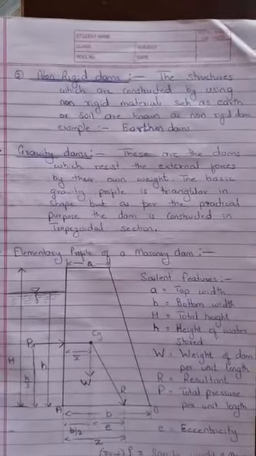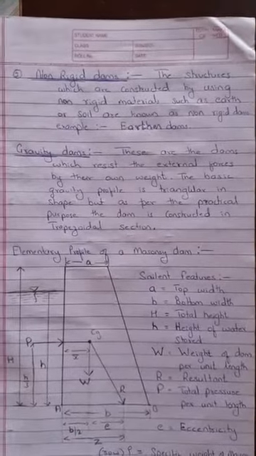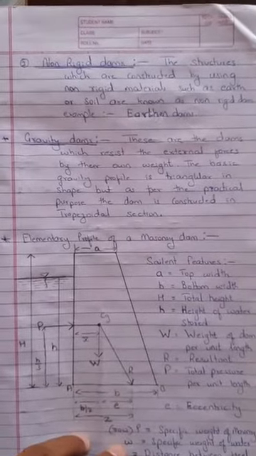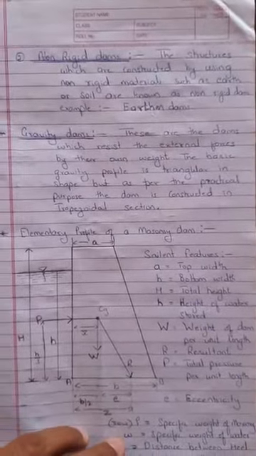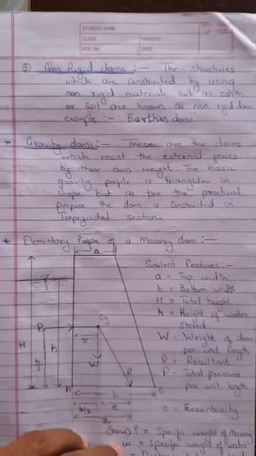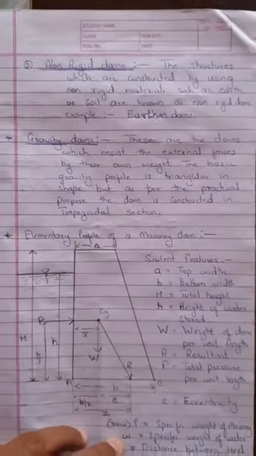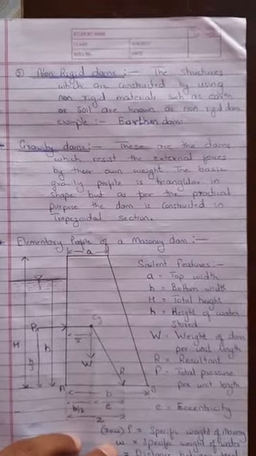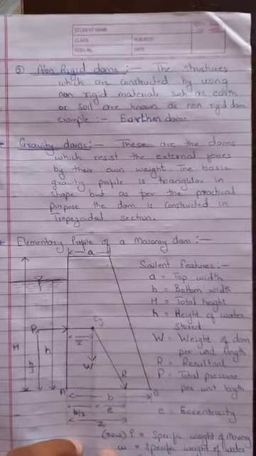That is why these dams are called non-rigid dams. For your syllabus, we will be dealing with rigid dams, and the example of a rigid dam is the gravity dam. The analysis and design of gravity dams are included in your syllabus.